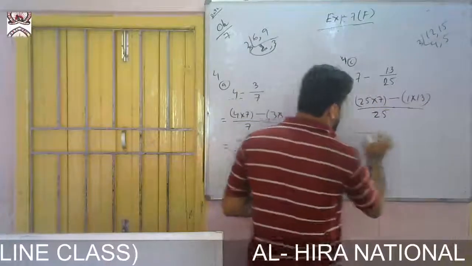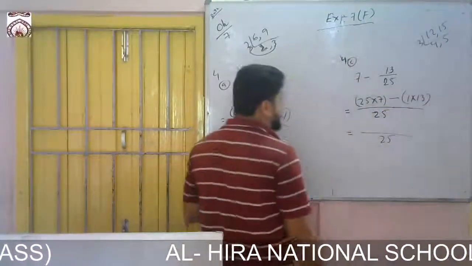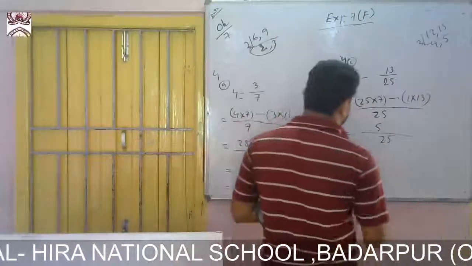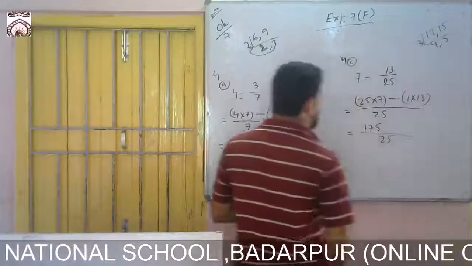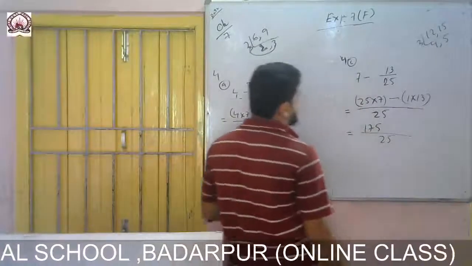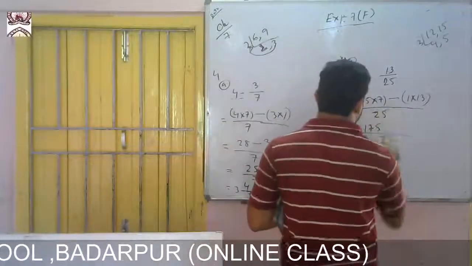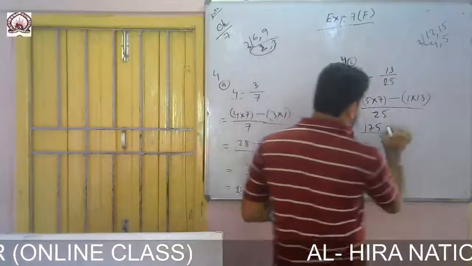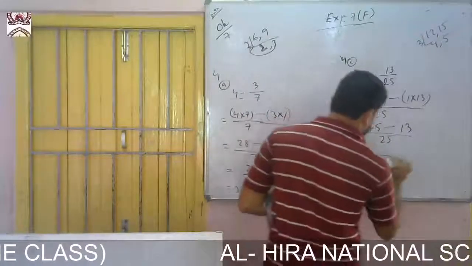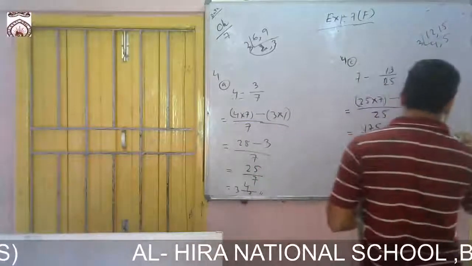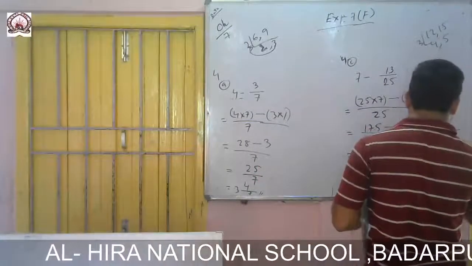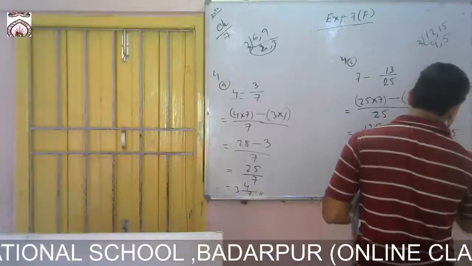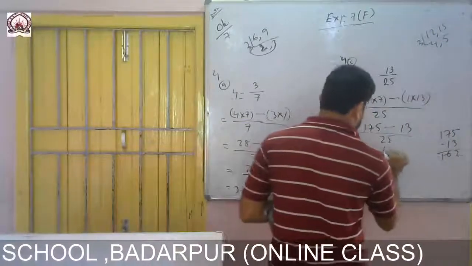Now 25 into 7 is 175. Then 175 minus 13. 5 minus 3 is 2, 7 minus 1 is 6, so 162.